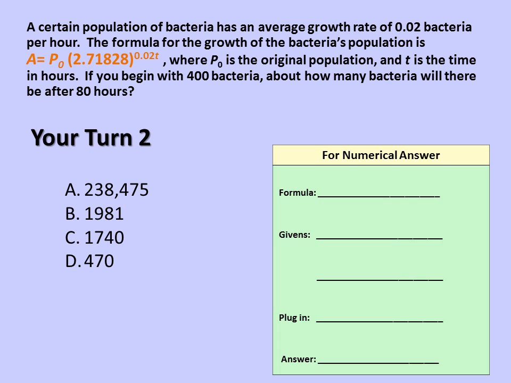Your exponent is going to be 0.02t, where P0 is the original population, and t is the time in hours. If you begin with 400 bacteria, about how many bacteria will there be after 80 hours?